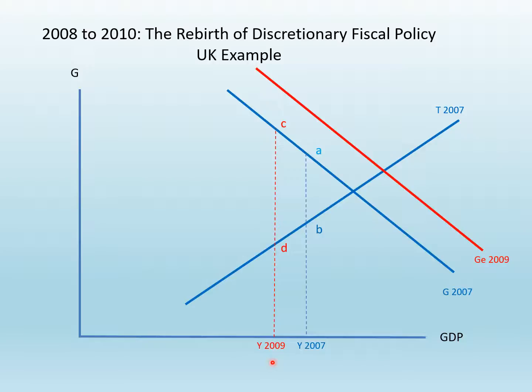So now the blue line moves to the red line, which is now a policy decision rather than automatic stabilizer, and taxes are cut. The consequence is that the budget deficit, which had been the distance CD, now opens up and becomes the distance EF. So although we have discretionary fiscal policy, the budget deficit increased by more.